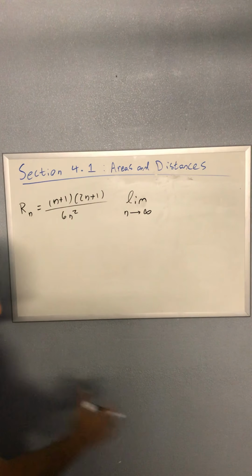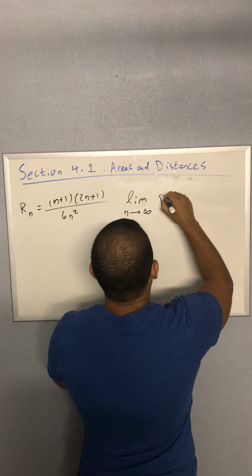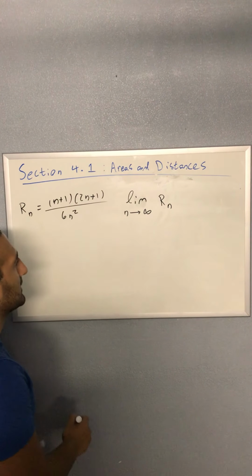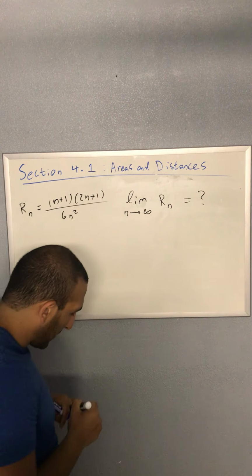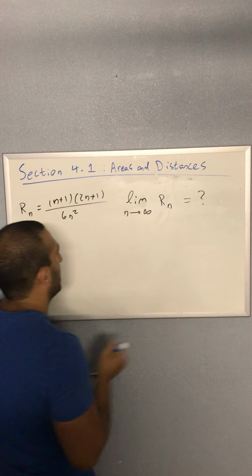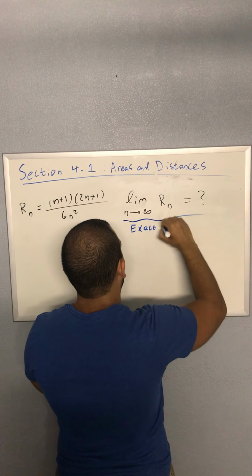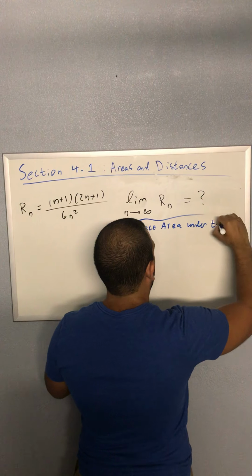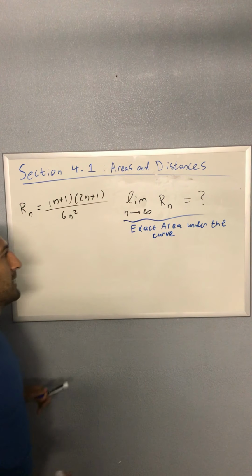So let the number of rectangles get really, really big. We want to figure out what this is, and this will actually be the perfect exact area under the curve. Exact area. Okay?